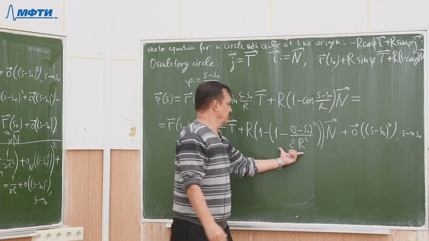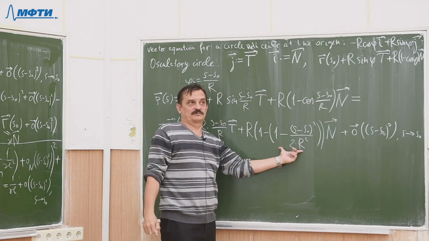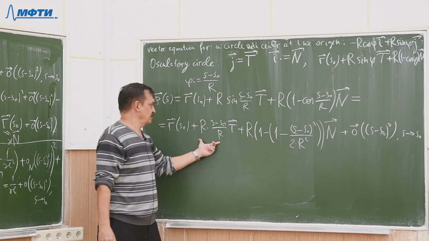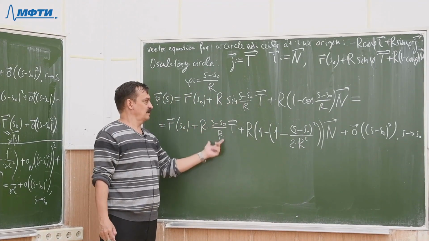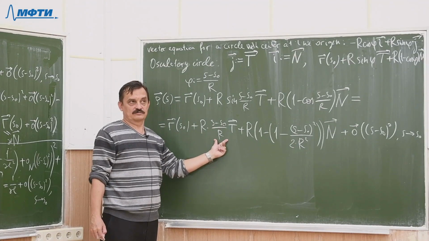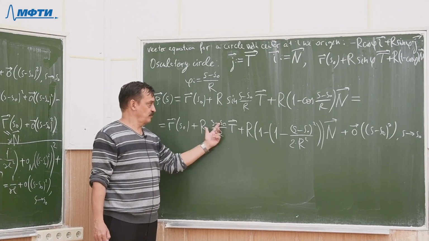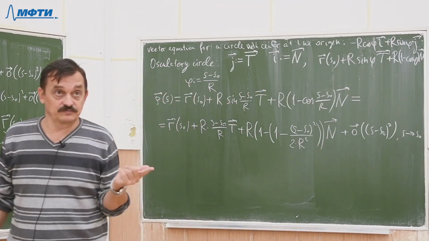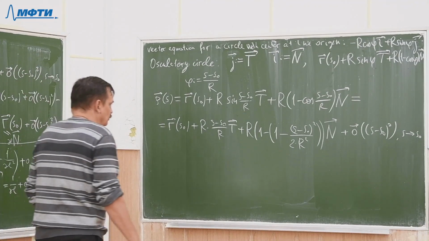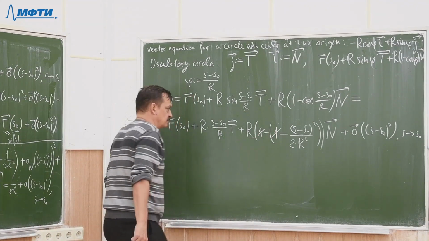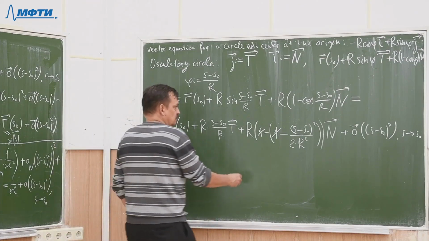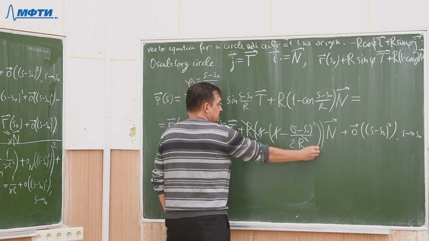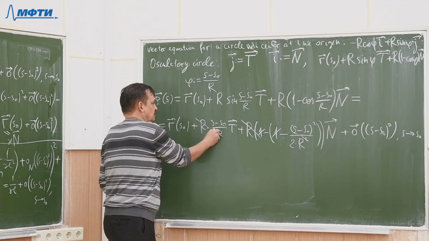That is the representation of cosine, and that is the representation of sine: sine is equivalent to its argument, up to quantities of order greater than 2. Look, 1 is cancelled, and here R is cancelled.